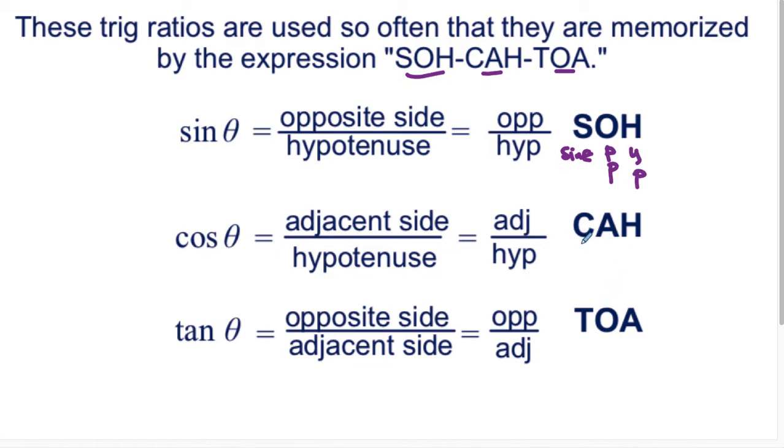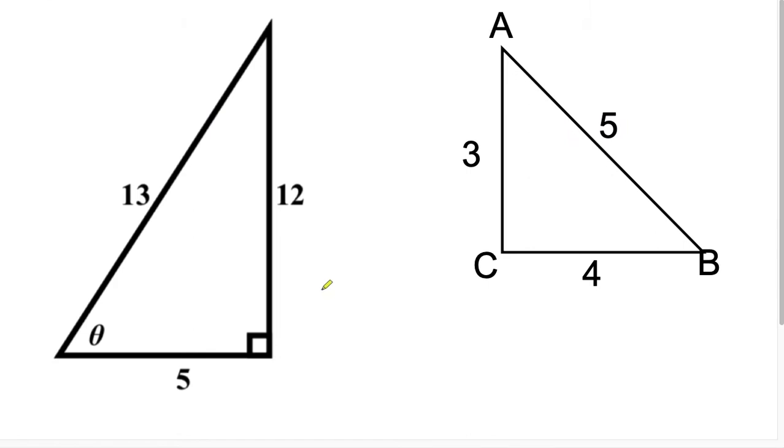CAH means cosine, A stands for adjacent, and H stands for hypotenuse. And then TOA stands for tangent, which is opposite over adjacent. This is going to be a great tool for you to remember when we're doing trigonometric ratios. Let's start out with these two triangles.